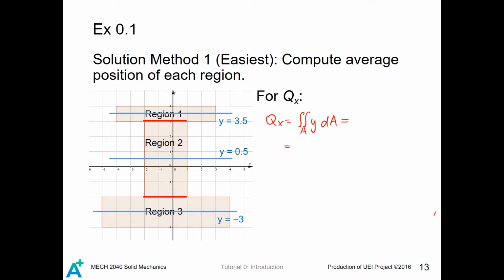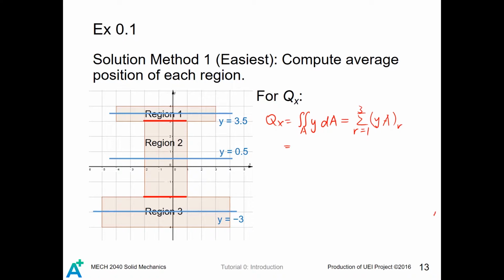So for the simple geometry problem, we can also write the integral in the summation form. The summation of r equals 1 to 3 because we have 3 pieces, y_r A_r.